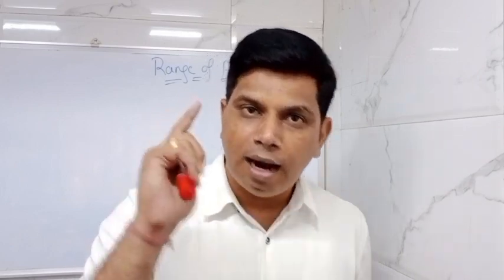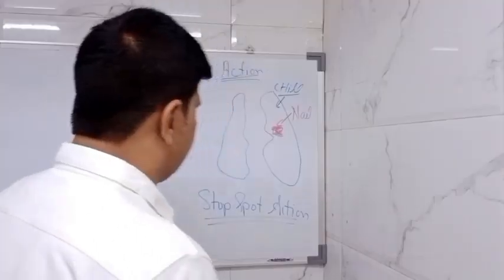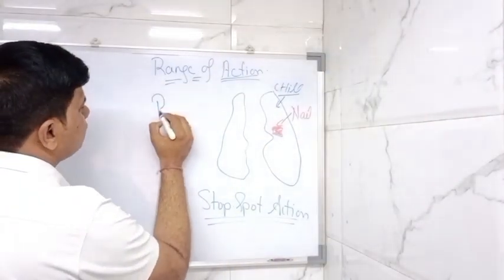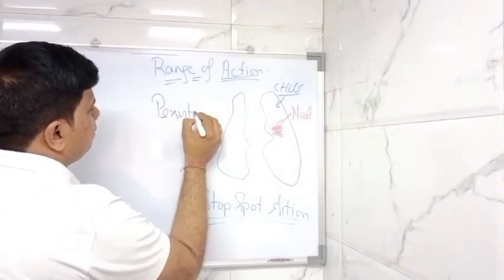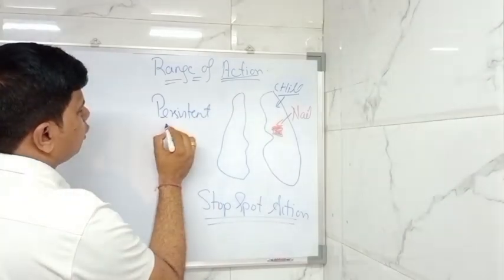With the prescription based on the totality of symptoms, he might get transient or partial relief, but complete annihilation of the disease will not happen until you get rid of the nail. What is this nail? This nail is basically called the persistent cause.